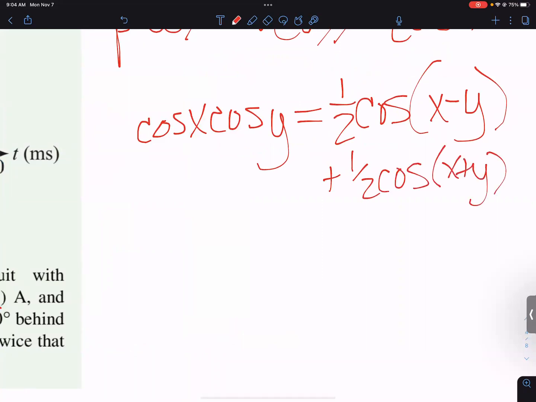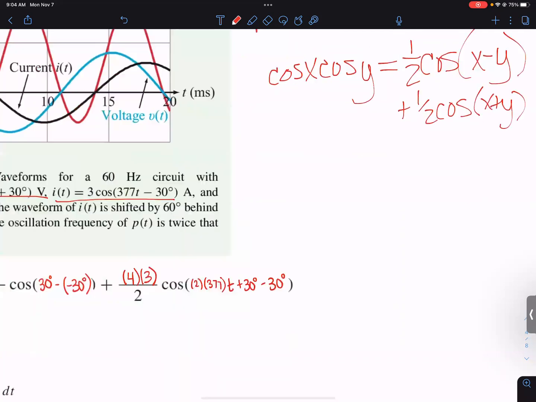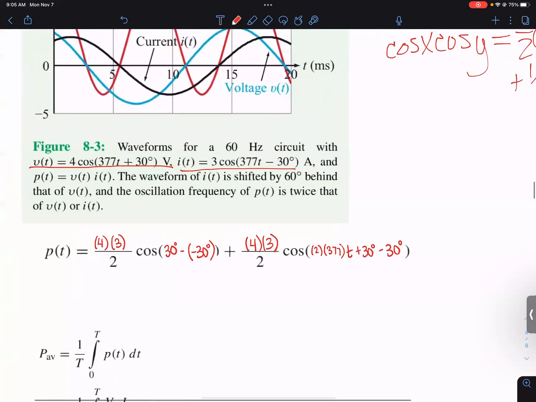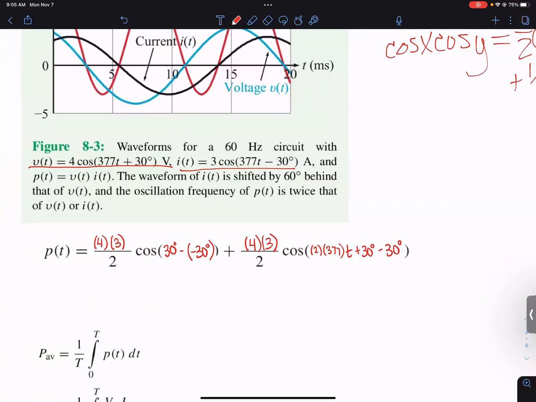So when you multiply these together, you end up with an equation of power that looks like this: the amplitudes 4 times 3 over 2, and then cosine of the 30 degrees minus the minus 30 degrees, plus this 4 times 3 over 2.